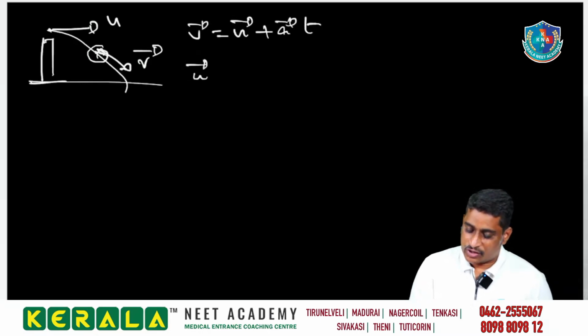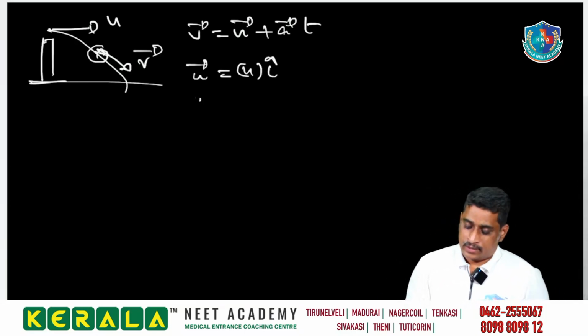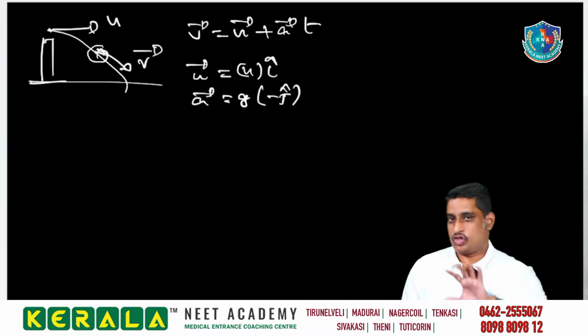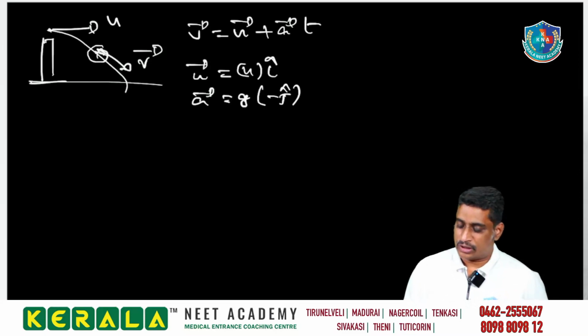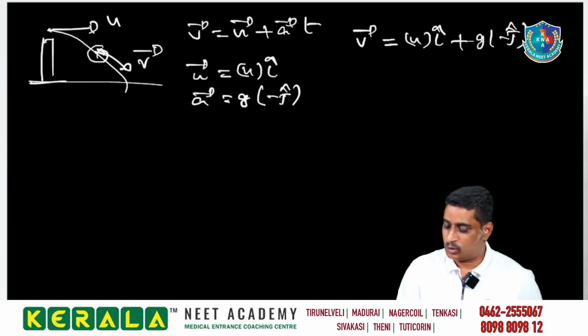In this case, u bar is nothing but u i cap, velocity along the positive x-axis. And the acceleration of the particle will be equal to g minus j cap. By substituting these in the above equation, v bar will be equal to u i cap plus g minus j cap into t.